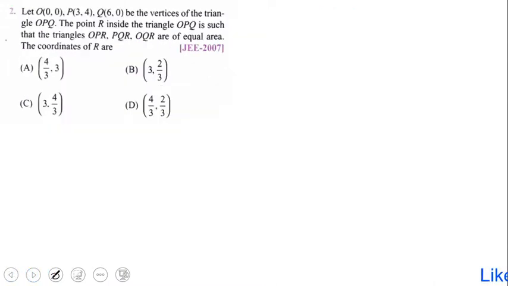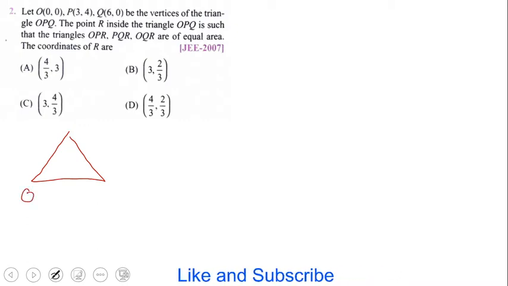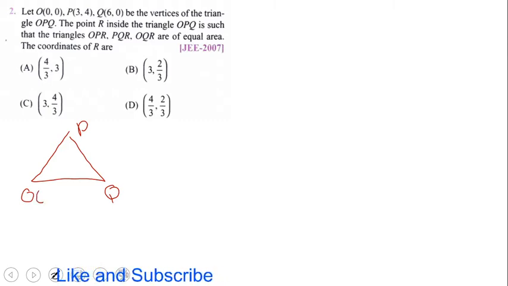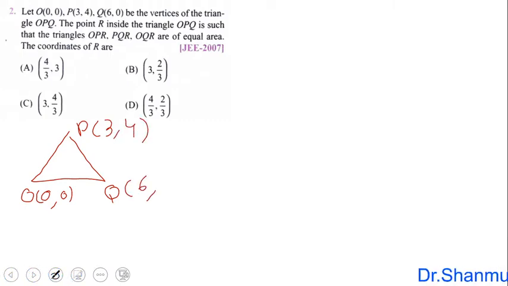Example number 2. We have coordinates here for the second example: O, then P and Q. O has coordinates 0 comma 0, P is 3 comma 4 and Q is 6 comma 0.